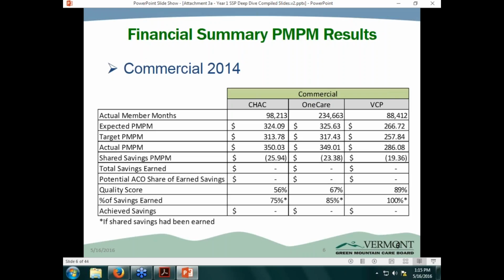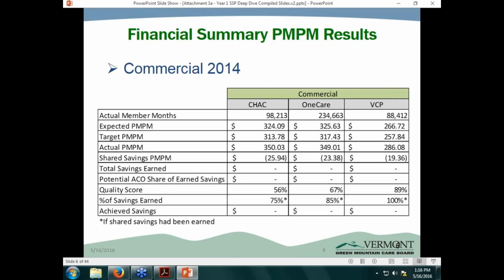I just want to stop on this for a moment. I've noted this is year 1 and 2. For year 2, the same type of target evaluation and expected would be the same, and we're finalizing that right now. And there has been improvement. We still don't have the numbers final for year 2, but the target for year 3, we're proposing to be based more on the population that has been in each ACO.